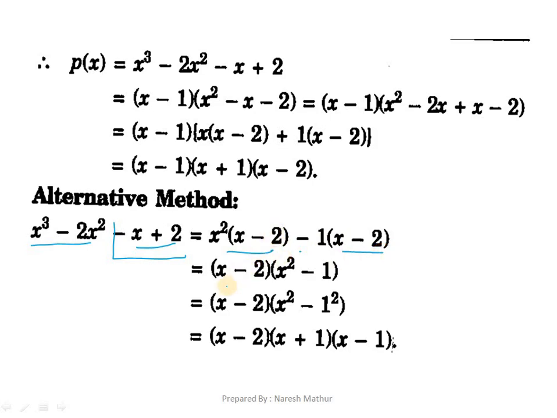So we can write it in the form of x minus 2 and x square minus 1. Again x square minus 1 can be rewritten in the form of x plus 1 and x minus 1. Simply we are applying a square minus b square, that is a plus b and a minus b. So here we have the answer as x minus 2, x plus 1 and x minus 1.